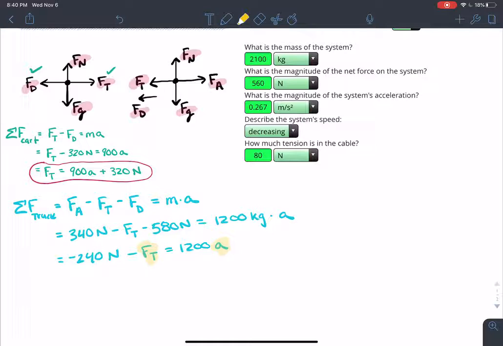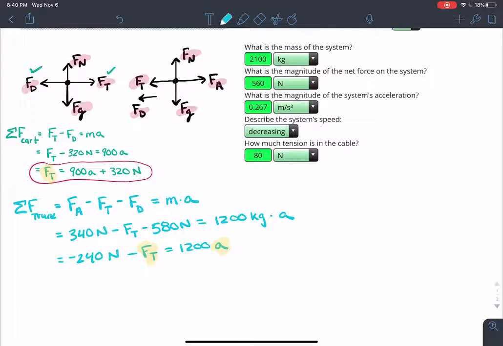So what we have to do is go back to our original equation, which we solved for Ft, that Ft is equal to 900A plus 320 newtons, and we have to substitute that in for Ft in our equation that we just came up with.